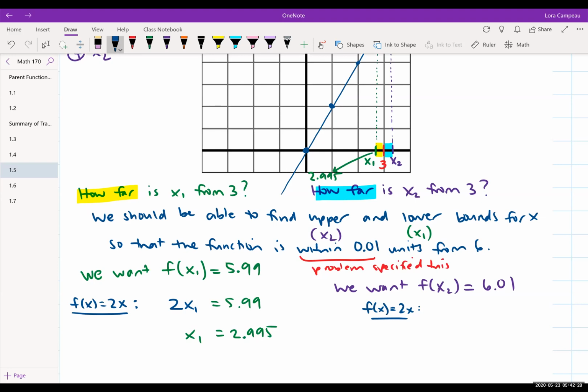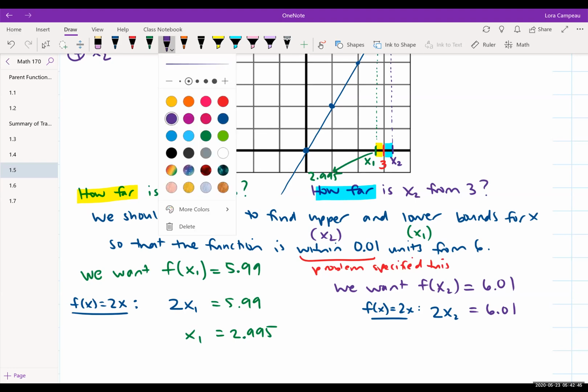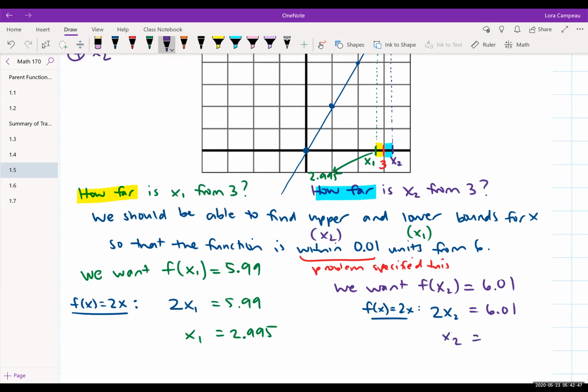So instead of writing f of x2, we're going to write 2 times x2, and we already know that's equal to 6.01. So we have a nice linear equation to solve. We can divide both sides by 2, and we get our x2 value. 6.01 divided by 2, if you want to use your calculator, is 3.005. So we have that x2 value, 3.005.